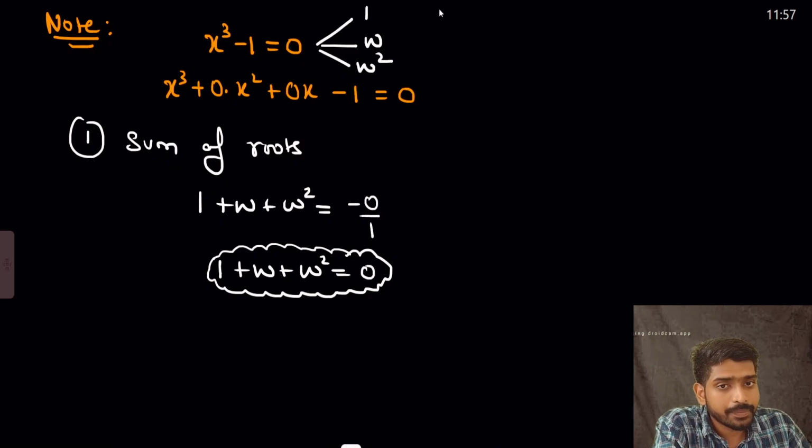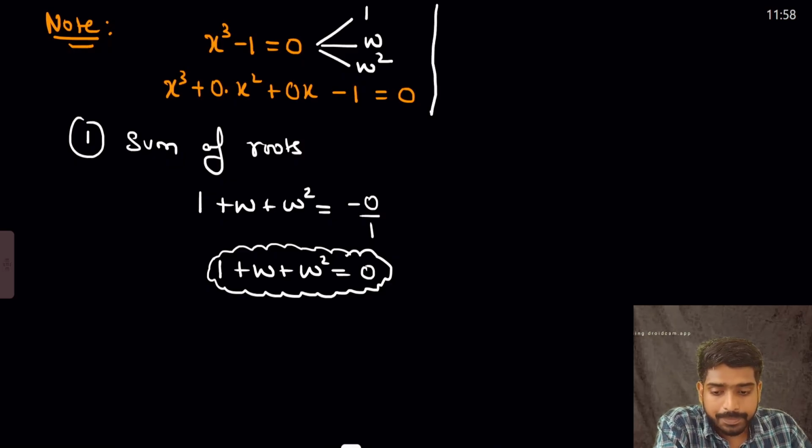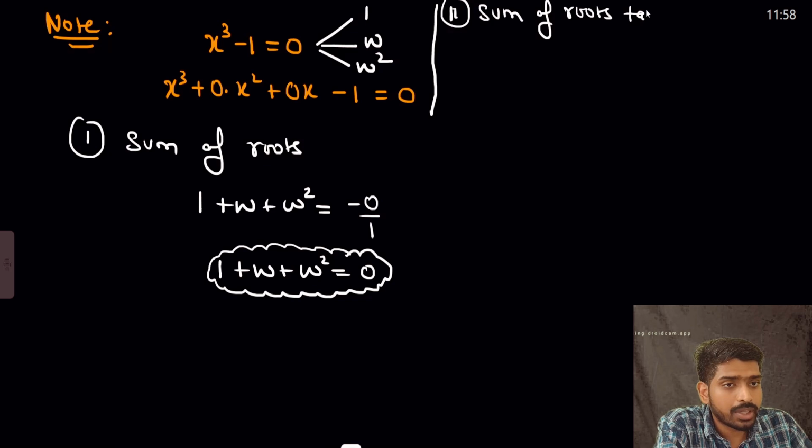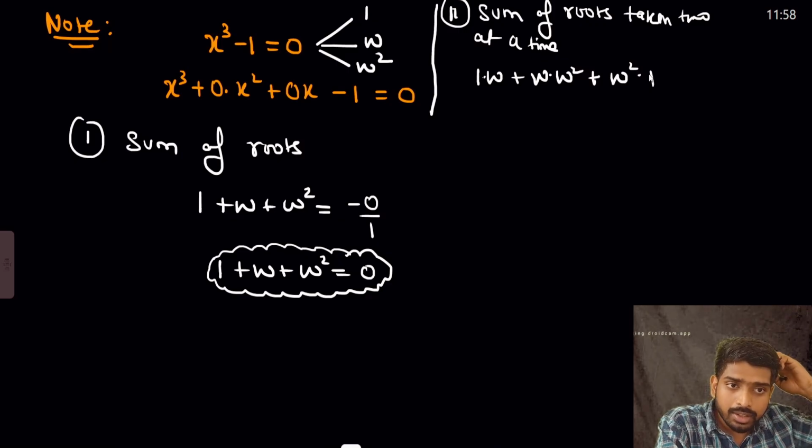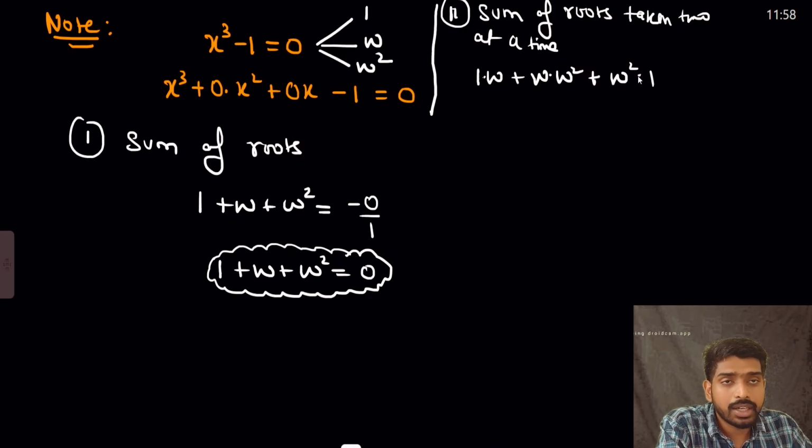Now the next important point: we'll see the sum of the roots taken two at a time, that is 1 into omega plus omega into omega square plus omega square into 1, like alpha into beta, beta into gamma, gamma into alpha.